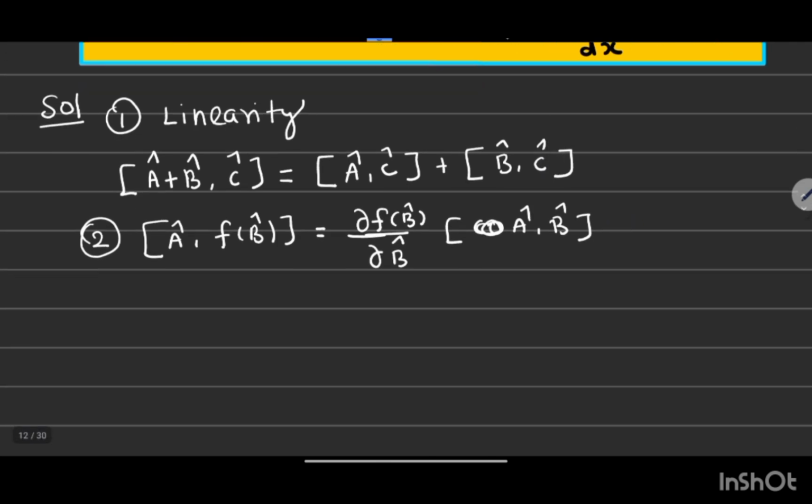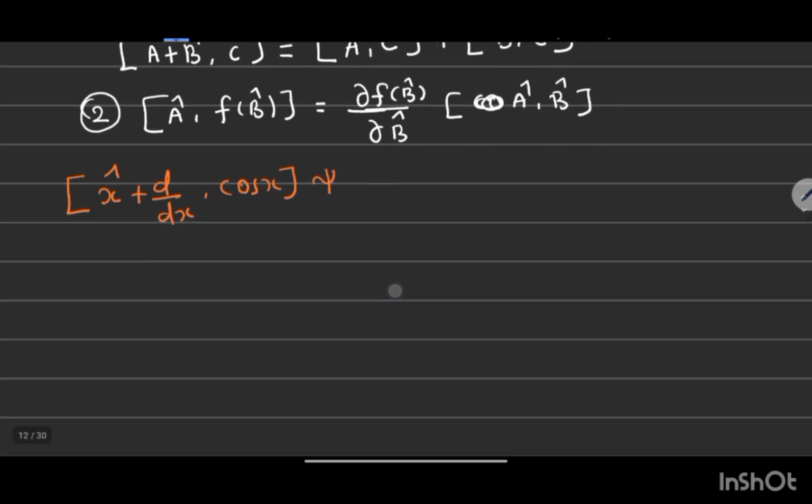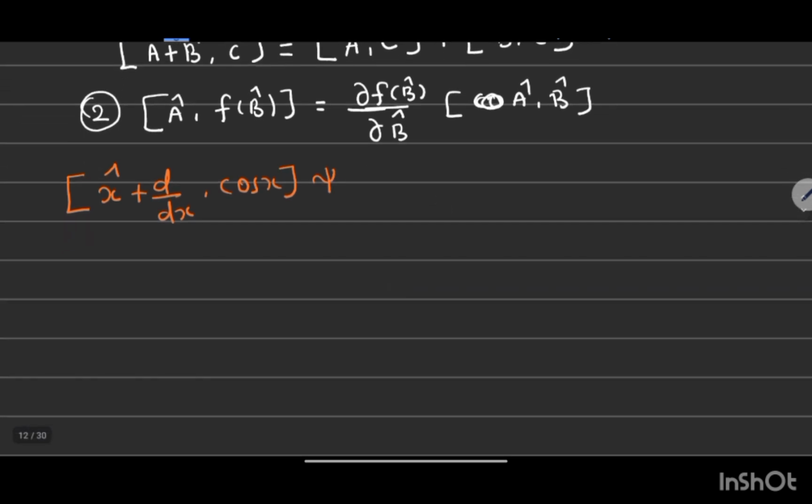Okay, so let's do that. This commutation relation has to be acted upon by some well-behaved wave function, and assuming that it is psi. Psi is my well-behaved wave function.